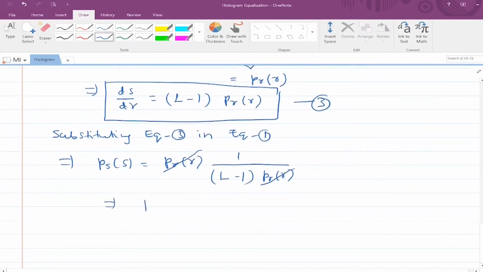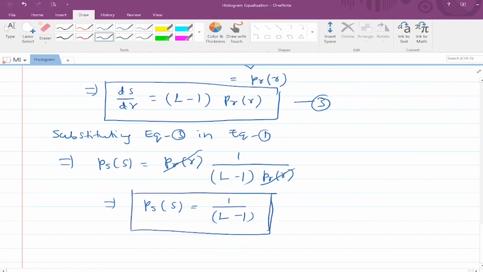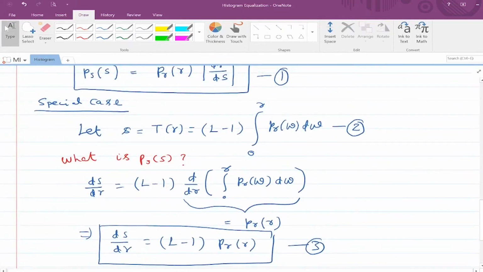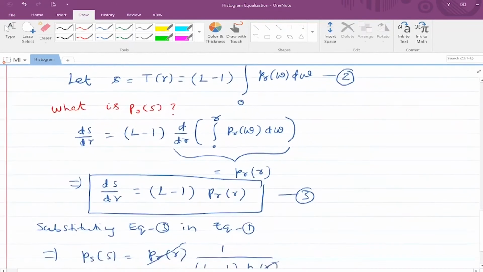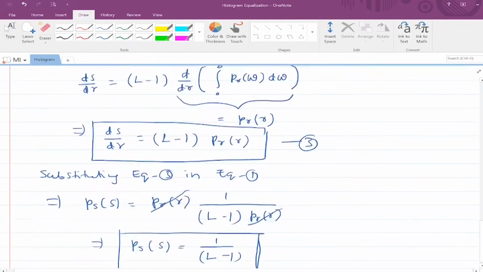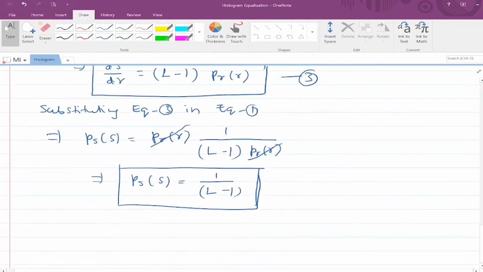So what you are getting as the probability density function here is 1 by L minus 1, the most important result here. Notice here, irrespective of what the probability density function PR of r is, once you are using a cumulative CDF here multiplied by L minus 1, for that random variable, the PDF is always uniform.